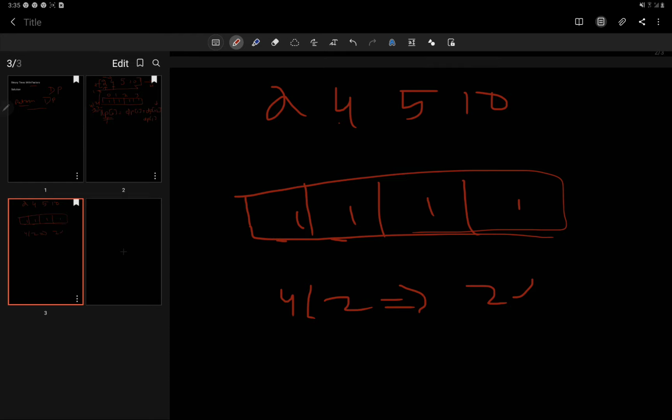So what I'll do is take the value here, which is 1, plus the value for 2, which is 1, into the value that I get by dividing them, 4 by 2, that is 2 only, so the value for 2 is again 1. So 1 plus 1 into 1 gives me 2. This value will be updated here.